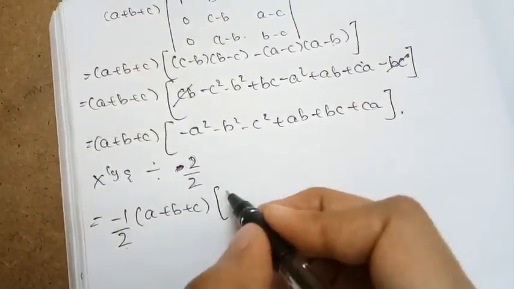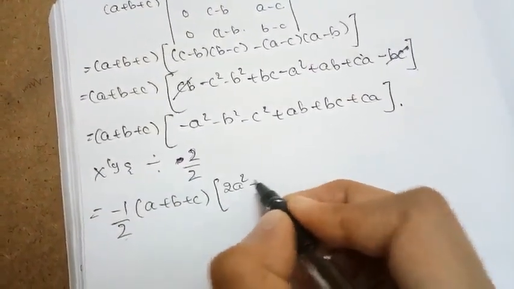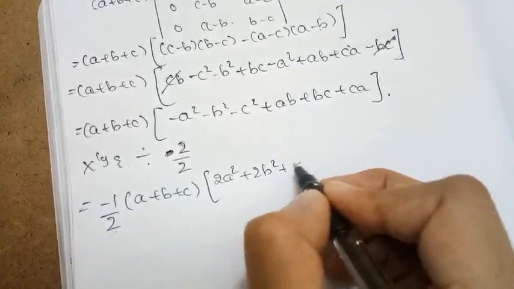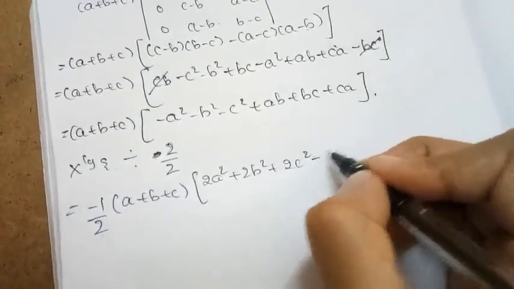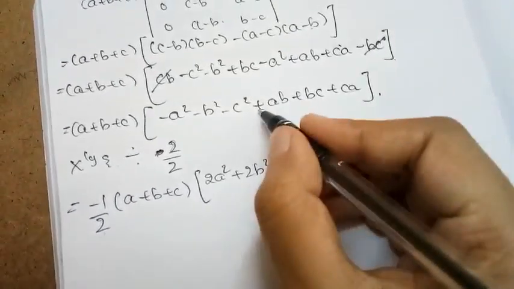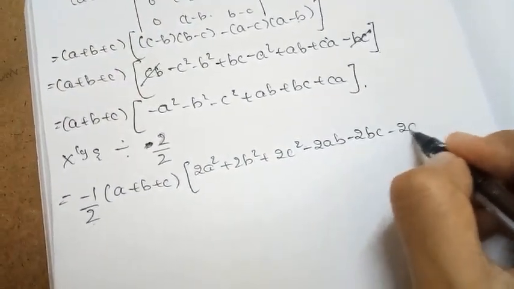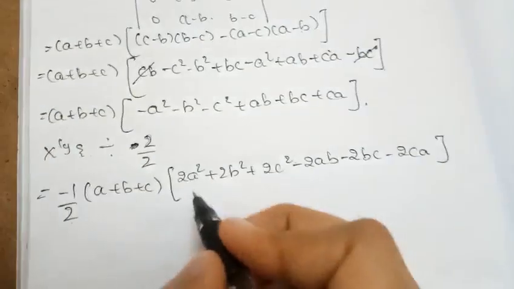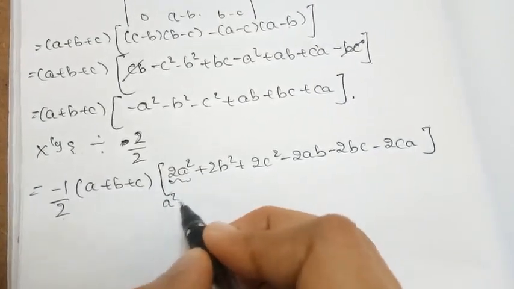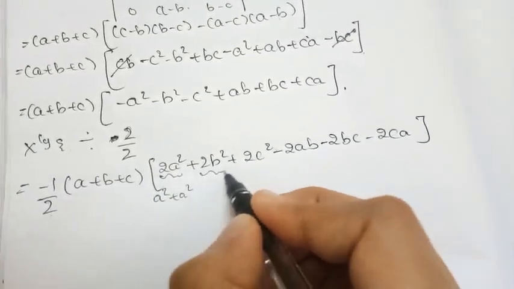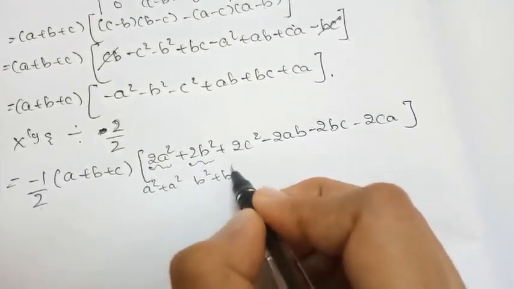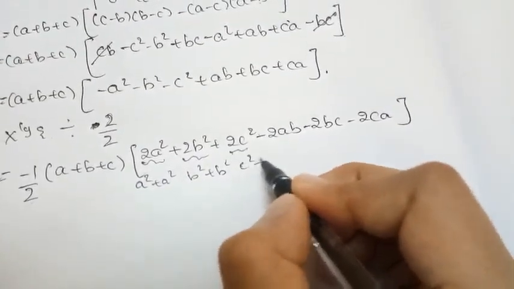I am multiplying by 2, so it becomes 2a square plus 2b square plus 2c square minus 2ab, because I have taken minus common outside, minus 2bc minus 2ca. So 2a square implies a square plus a square, 2b square implies b square plus b square, and 2c square implies c square plus c square.